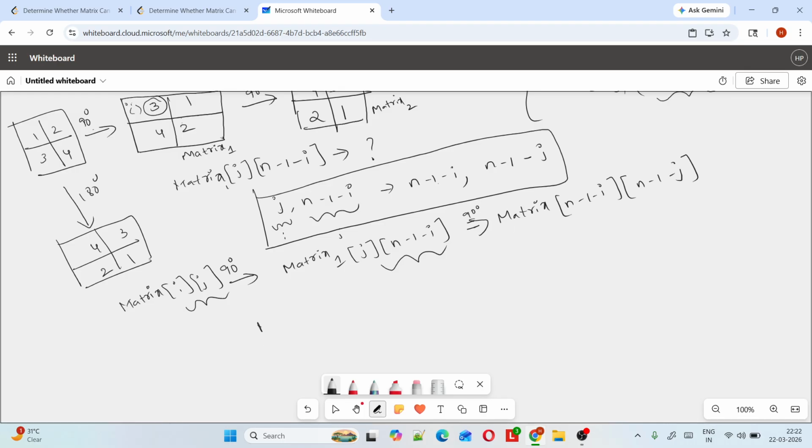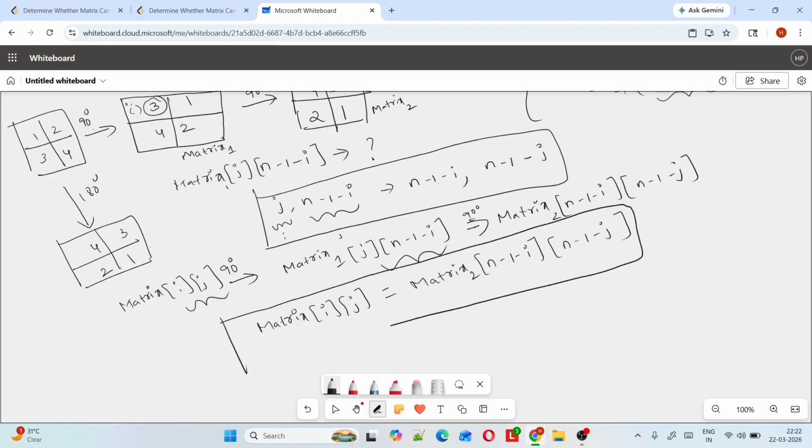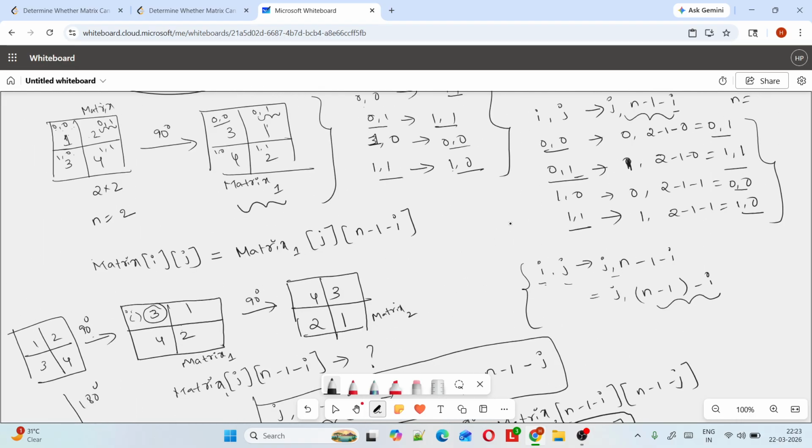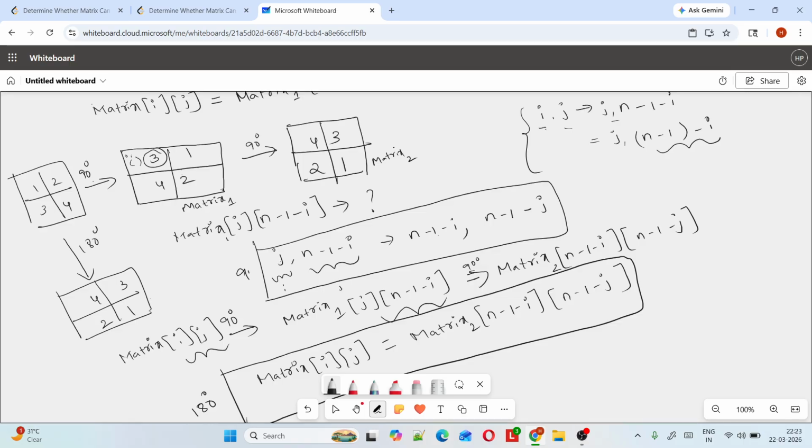So can I write elements at matrix of i comma j equal to matrix 2 of n minus 1 minus i, n minus 1 minus j. Okay, so this is for 180 and this is for 90.